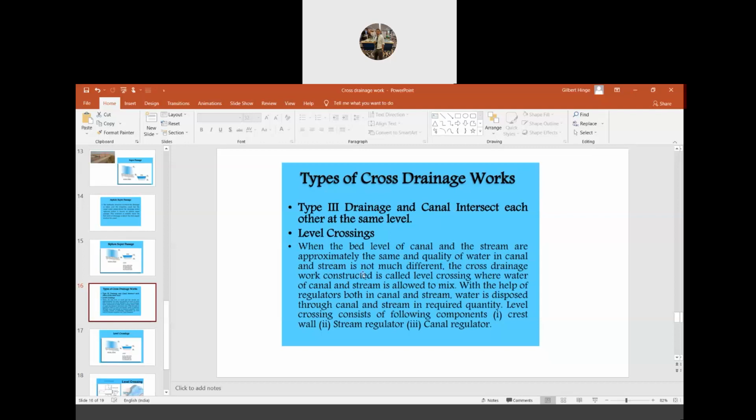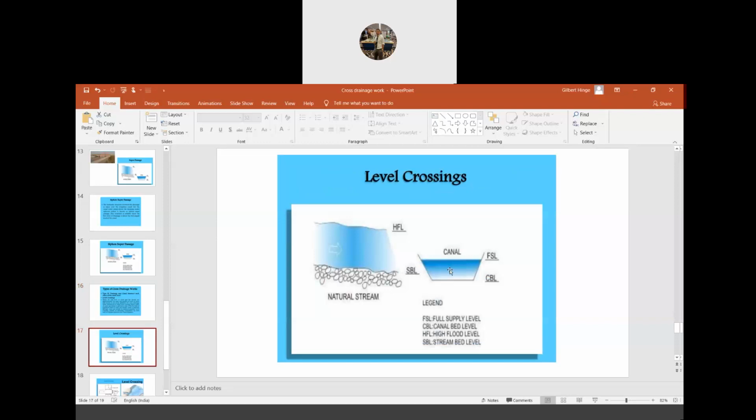Read here: when the bed level of the canal and the stream are approximately the same and the quality of water in the canal as well as in the stream is not much different, we allow them to mix with each other, and in this case we construct a structure called a level crossing. You see here, this is the canal and this is a river. They are mixing with each other.